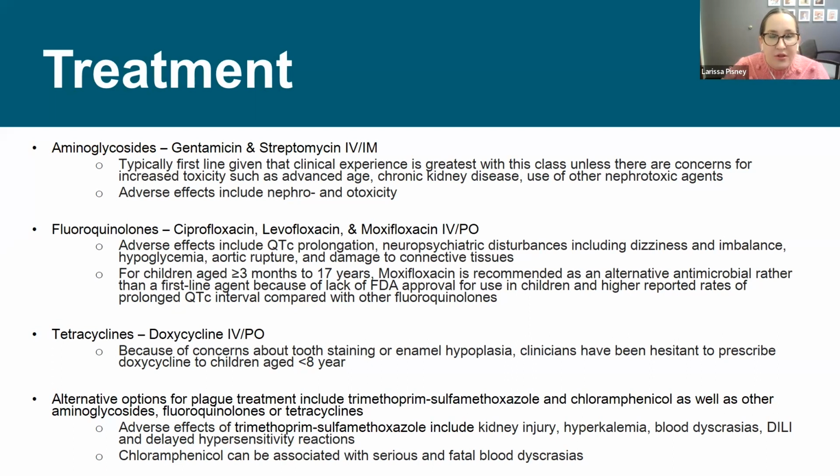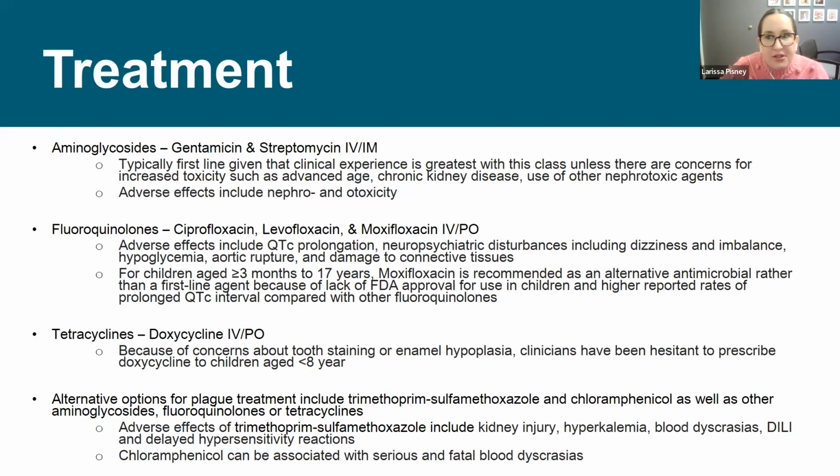And then even within those classes, there are agents that are preferred over others, but there are many options for treatment. So for aminoglycosides, the agents that we typically use are gentamicin or streptomycin, which can be given either intravenously or intramuscularly. Typically, these are the agents that are used as first line because there's the greatest clinical experience and published knowledge around the use of these agents.